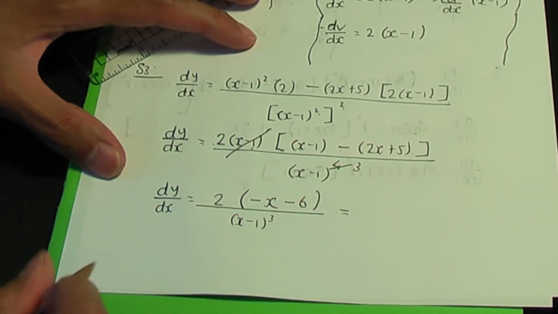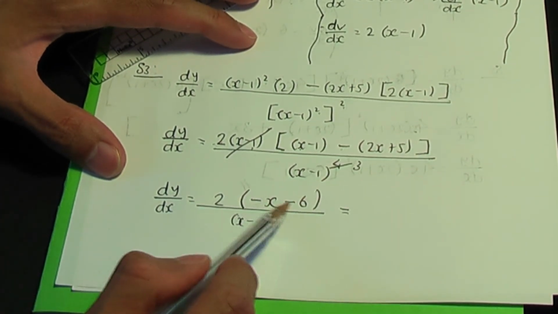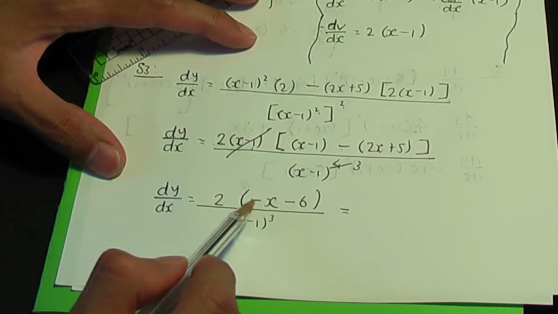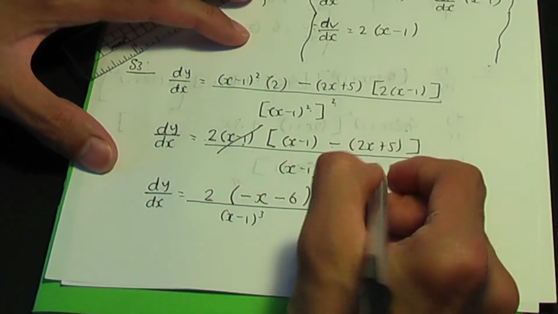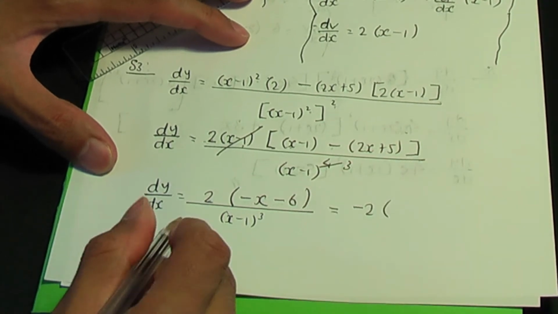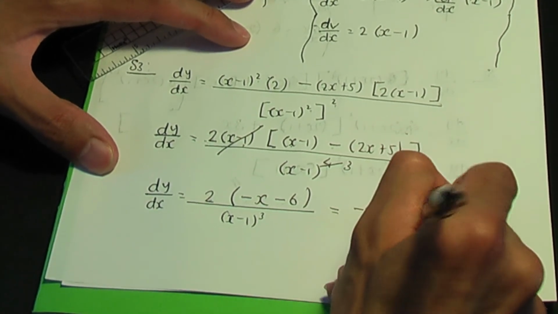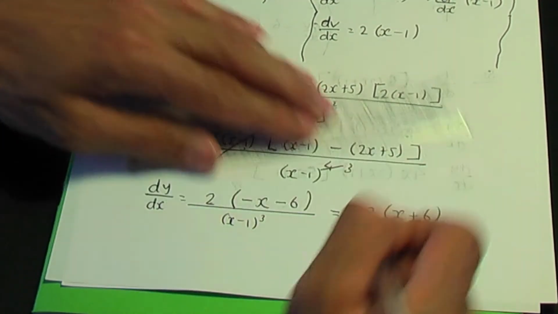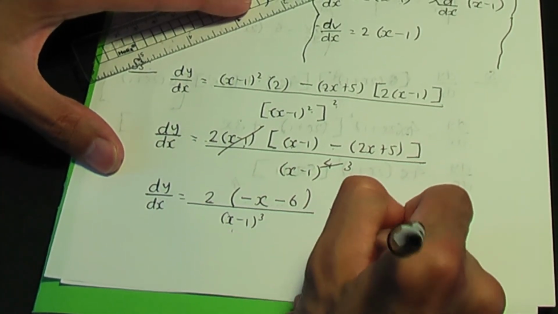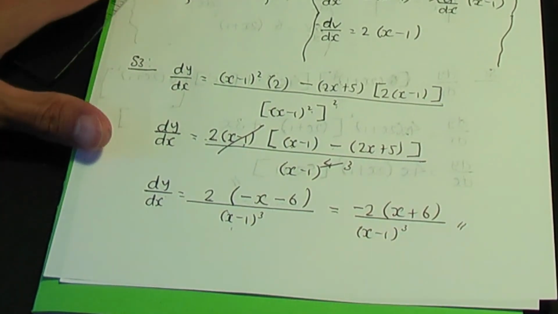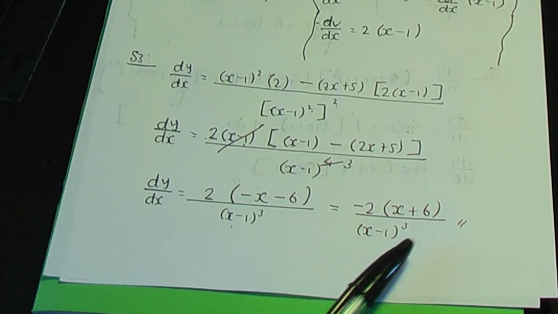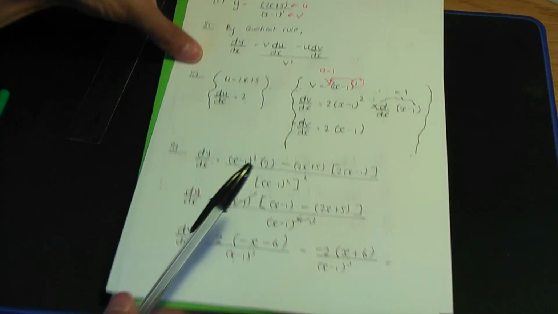And what you could also do is you can take out a negative 1 common factor to give us a minus 2 overall into x plus 6 divided by the x minus 1 cubed. Okay, so that should be the overall solution to part C.